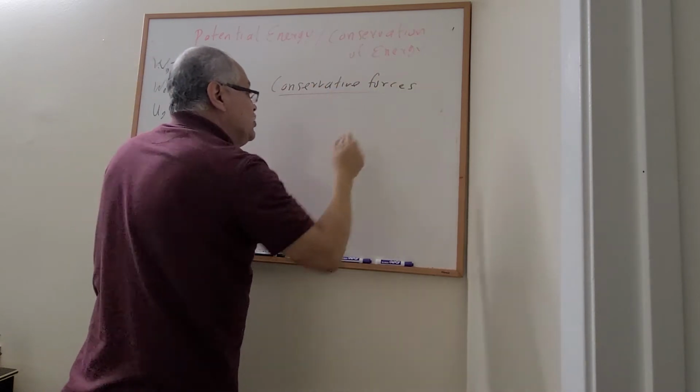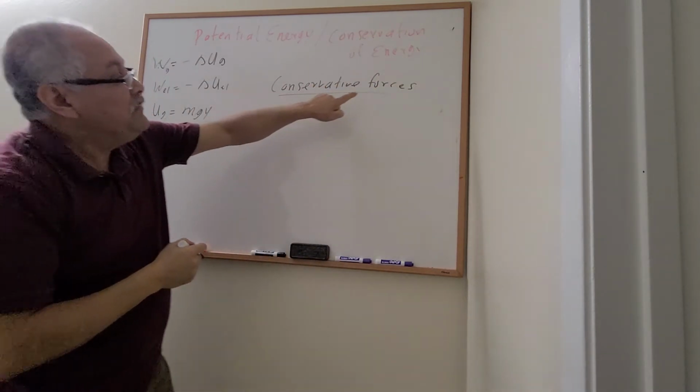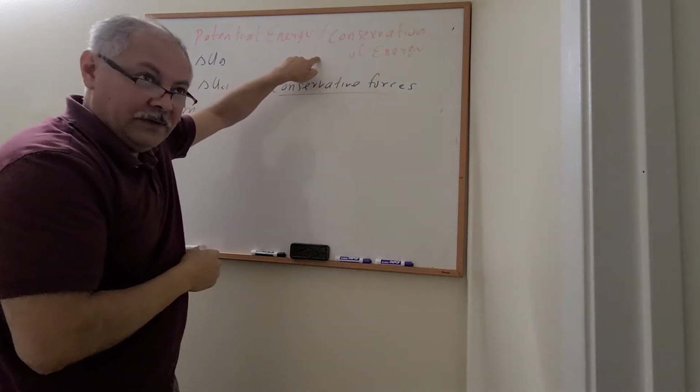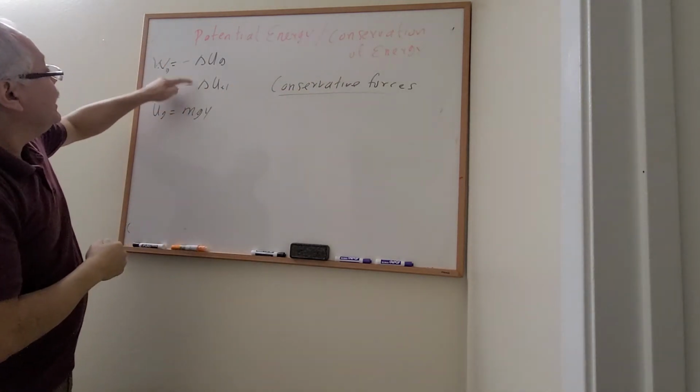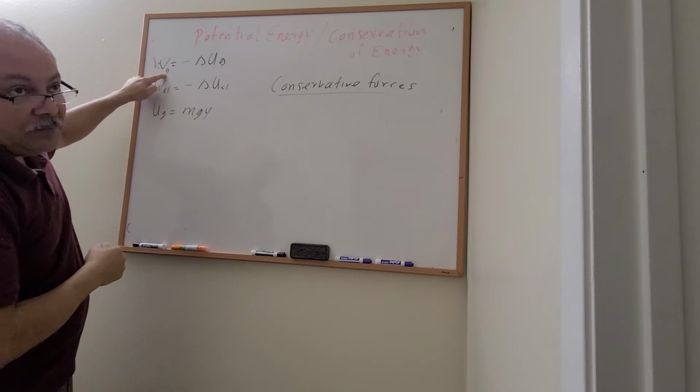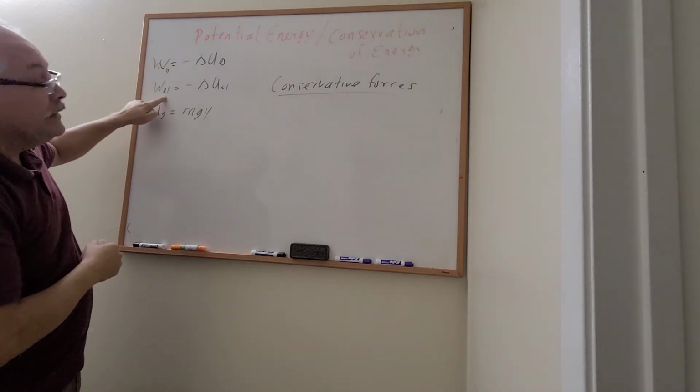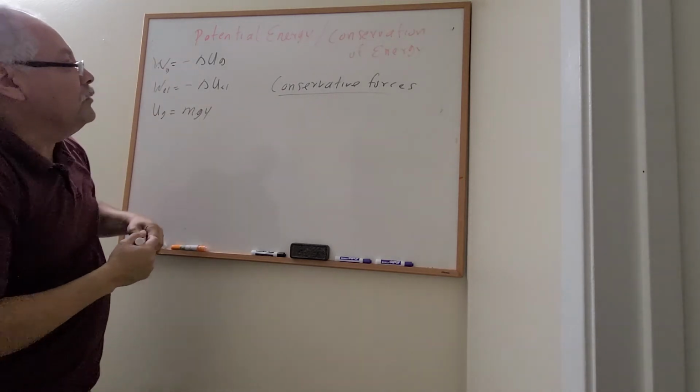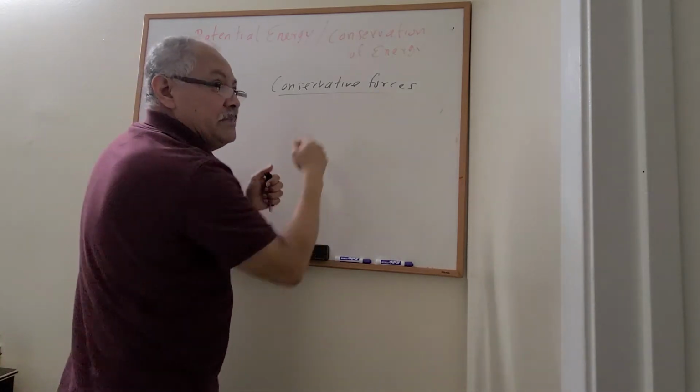Now let's go to conservative forces. These are the definitions of conservative forces. A conservative force in this case is related to work, because the work done by gravity and the work done by the spring have the same form. They share the same type of force.